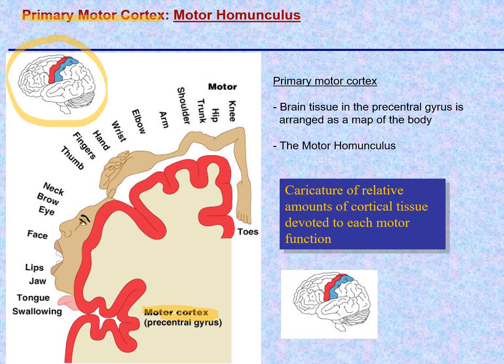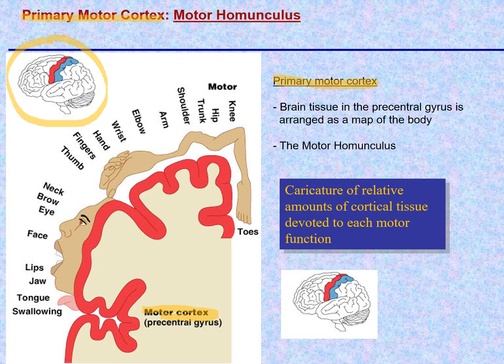So by stimulating in the precentral gyrus, which is of course also the primary motor cortex, he was able to map out which areas control what part of the body.